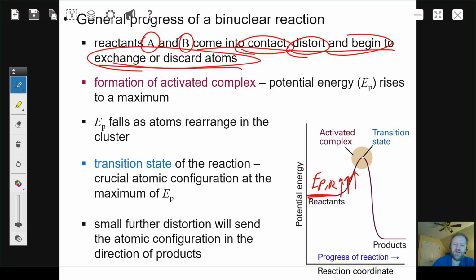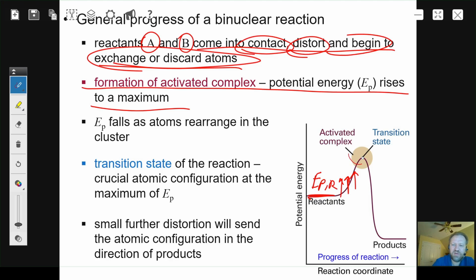Now, when the molecules have already undergone significant changes in terms of their geometries, which could be localized to only a small part of each species, an activated complex is formed and potential energy rises to a maximum.